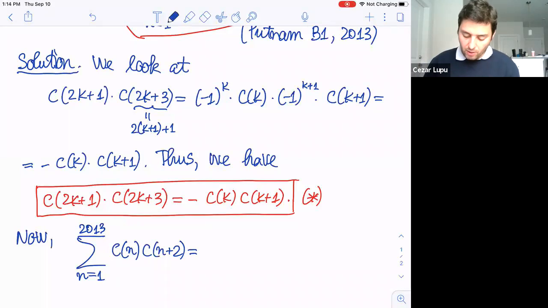And the trick is the following. Let me write the first term, because I have the sum from n equals 1 to 2013.